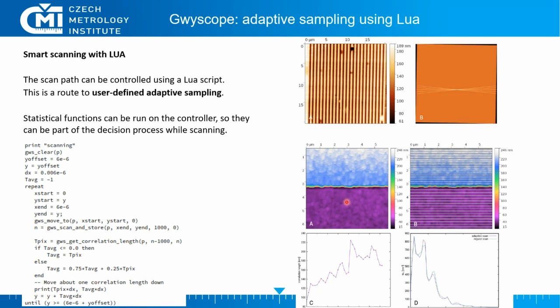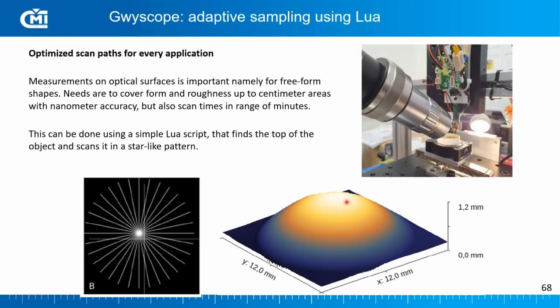When it comes to adaptive scanning, we also use it for the other systems that I mentioned that we have at CMI. So here you can see a large-scale example measuring an optical lens. When you are working with optical surfaces, sometimes you would probably like to map both the roughness and form of surfaces. And here we did a millimeter or over-centimeter scan on the optical lens.